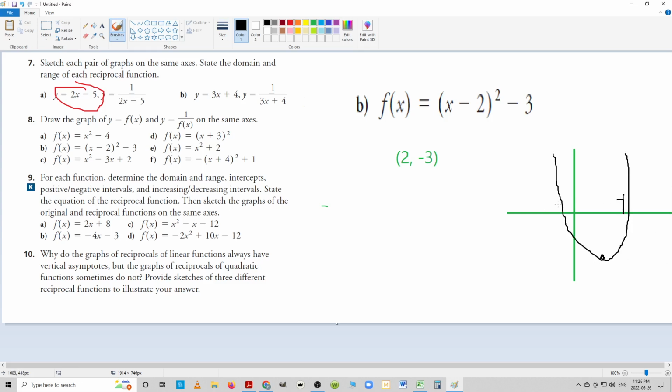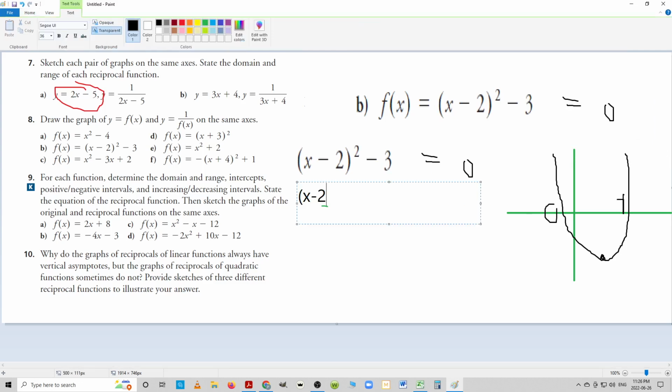Finding these is easy. You just set this equal to 0. So let's do it on a different line here. Add 3 to both sides. And this means squared. Square root both sides is equal to the square root of 3.